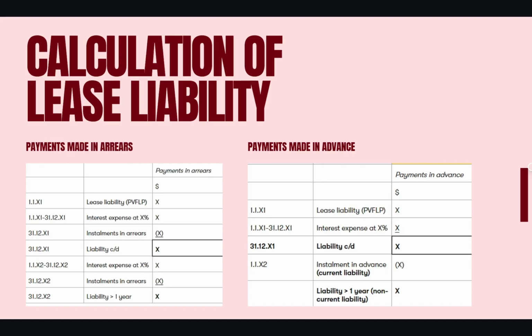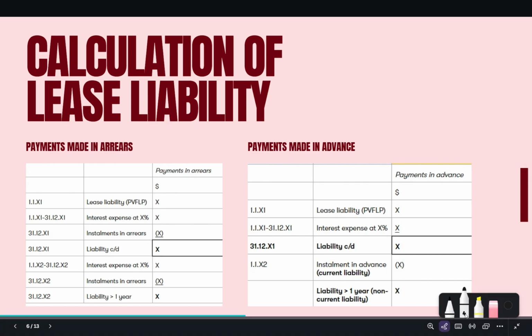For this, there are two kinds of payment, which are payments made in arrears and payments made in advance. For payments made in arrears, we can see here that first you need to count how much the lease liability is, the initial measurement, based on the PVFLP.